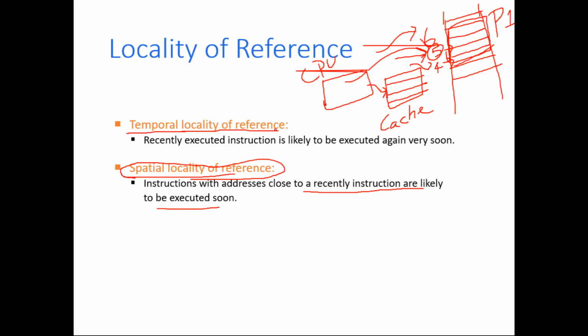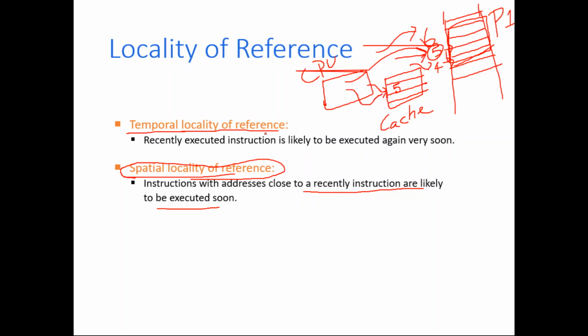Coming to temporal locality, temporal means with respect to time. At present the CPU is saying that I want to access word 5 of process P1. Now word 5 of process P1 is kept in the cache. It is highly likely that maybe after 1 minute or after 50 seconds, the CPU may want to access this same word 5 again.